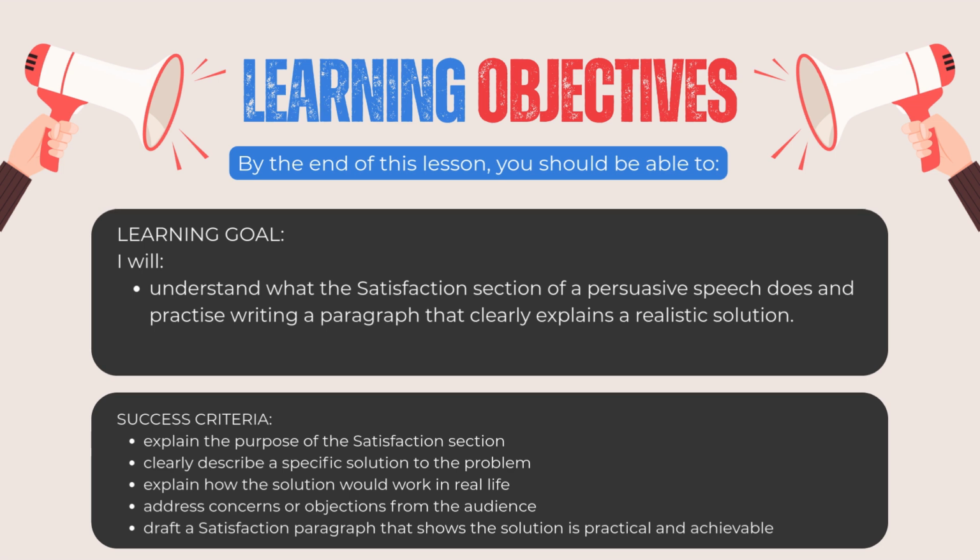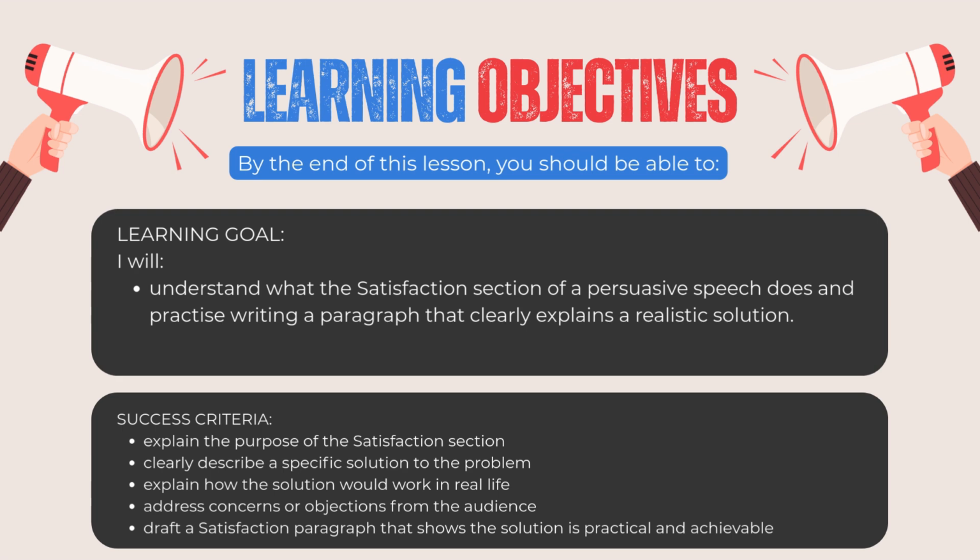You should be able to describe clearly how a specific solution to the problem can help, and how would that work in real life. You're also going to address some concerns or maybe objections that your audience may have when you suggest something. And lastly, you're going to draft a satisfaction paragraph that shows the solution is practical and achievable.